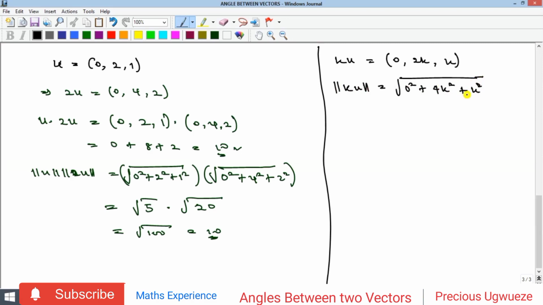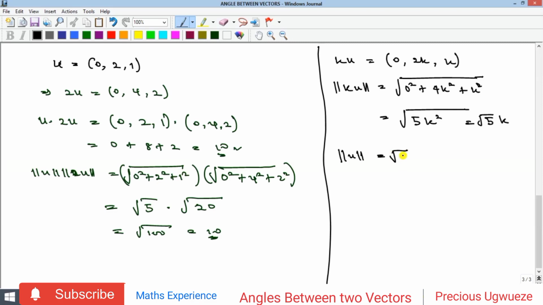That's going to give you the square root of 5k squared, which is equal to root 5 times k. Whereas the magnitude of u, as we found earlier, is root 5.